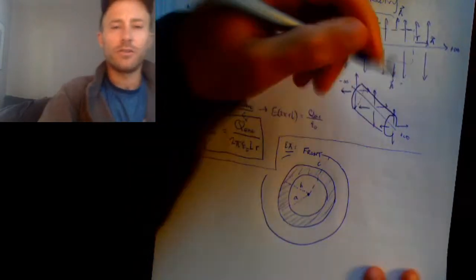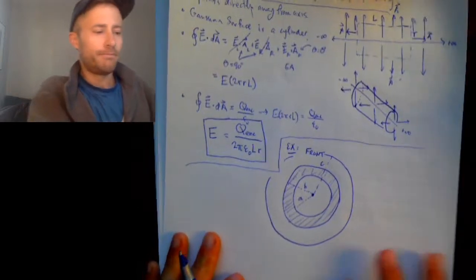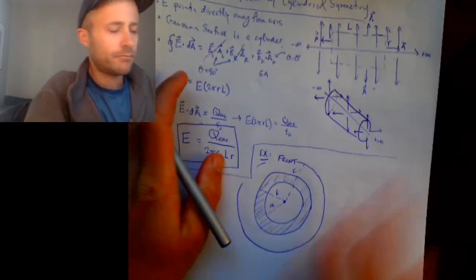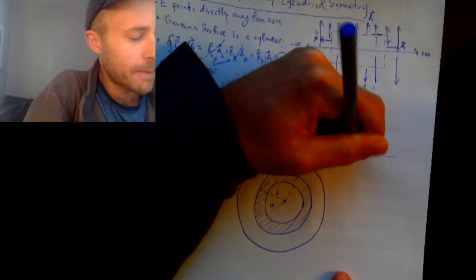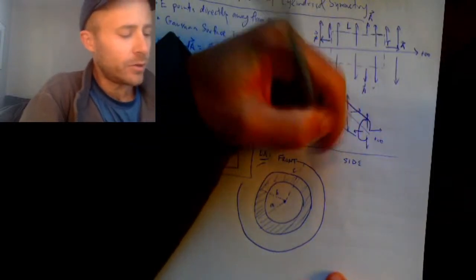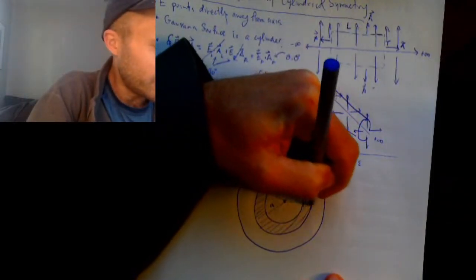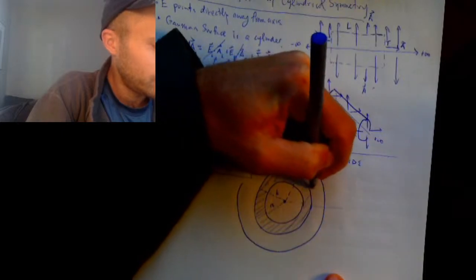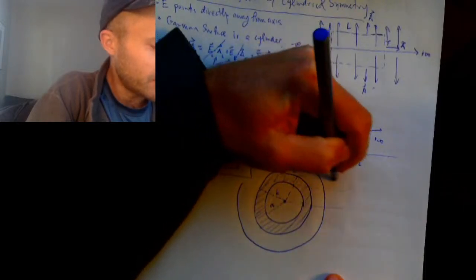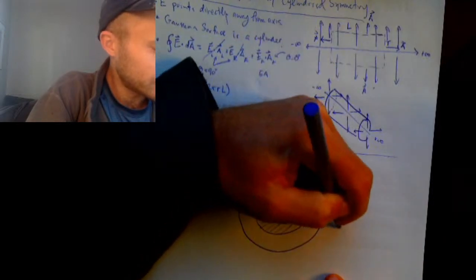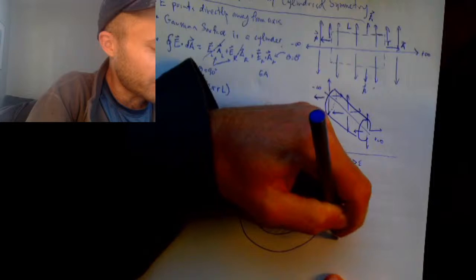So now let's draw this from the side view. So side view, I'm going to take all of these and extend them like this, like I'm doing a technical drawing.